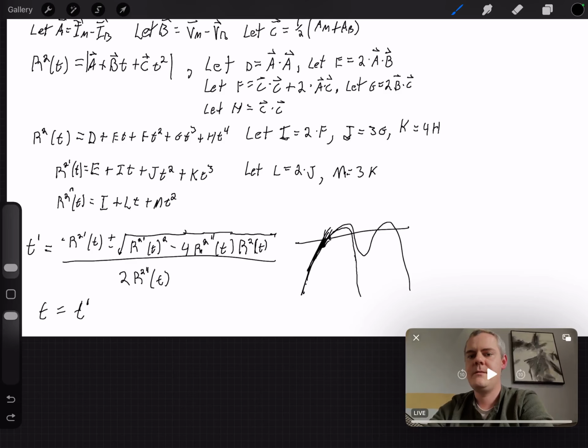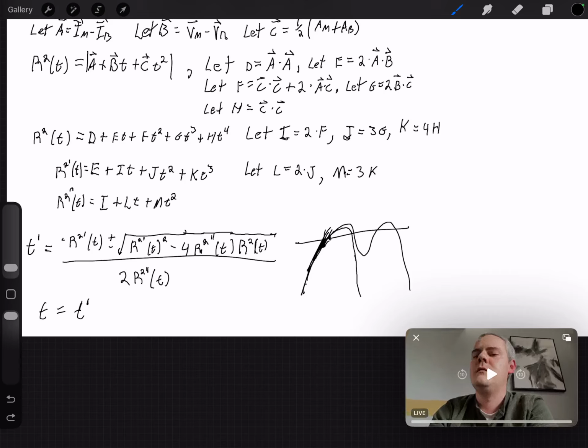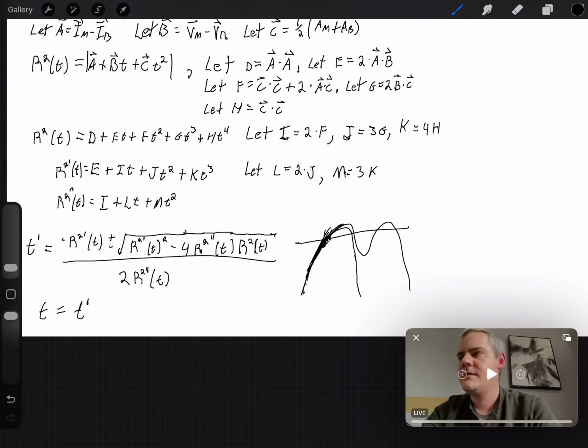So yeah, that's the method, and it's not quite working. Chat says that my method finds the 0, but then it continues going, and I think that's a fair enough explanation.